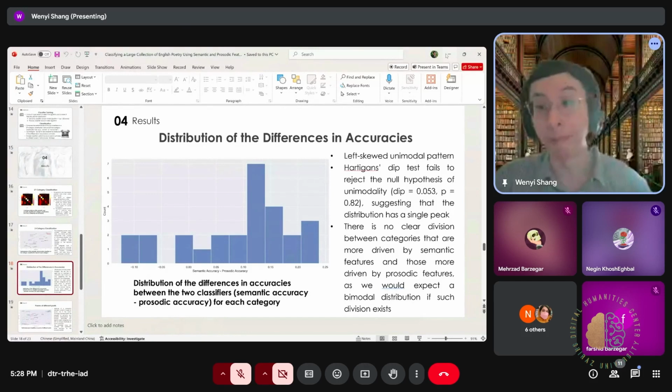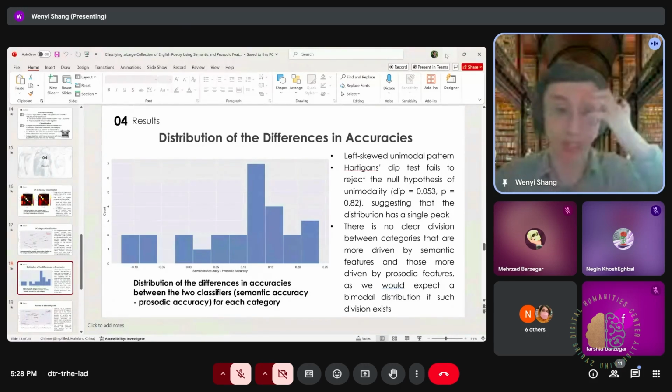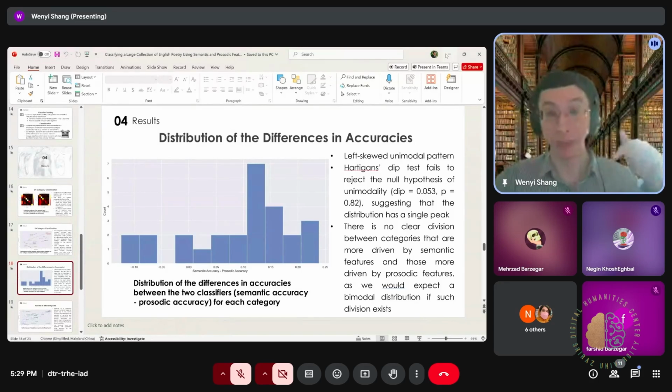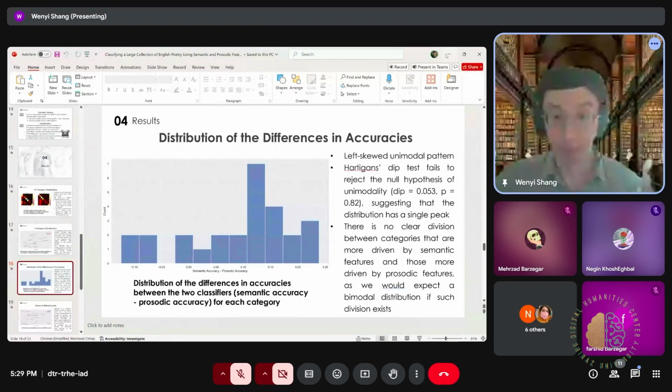There's only one mode in the distribution, around a difference of 0.1 to 0.15 in accuracy. Hartigan's dip test fails to reject the null hypothesis of unimodality, which confirms our observation from this histogram and suggests a distribution with a single peak rather than multiple peaks.